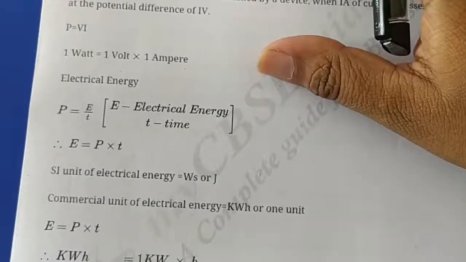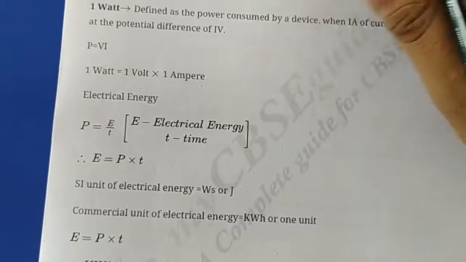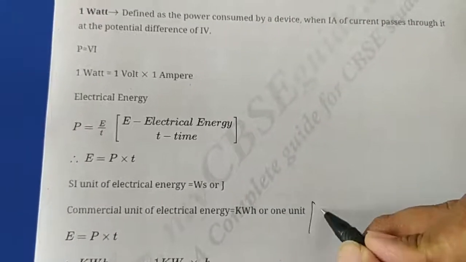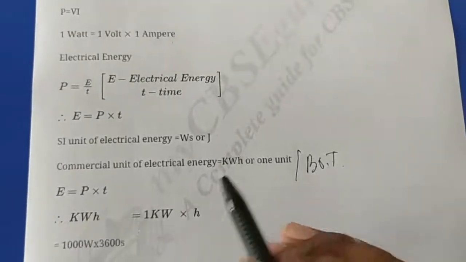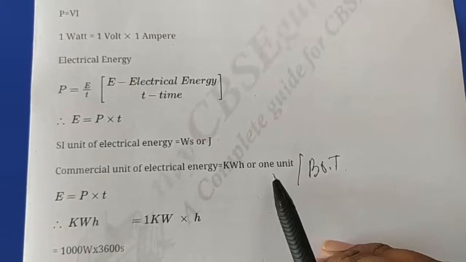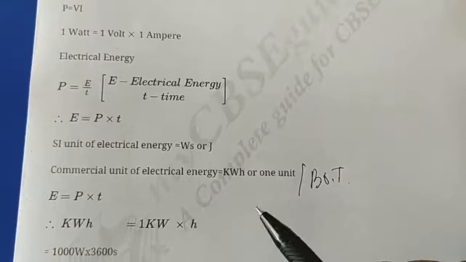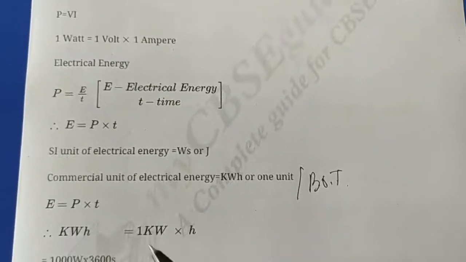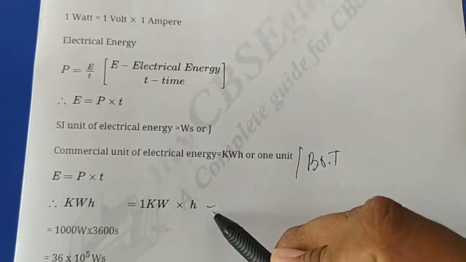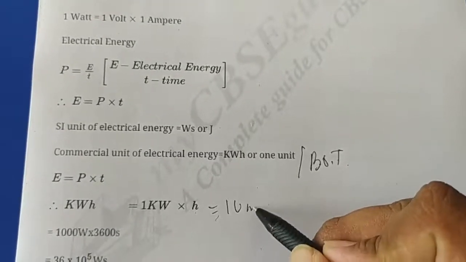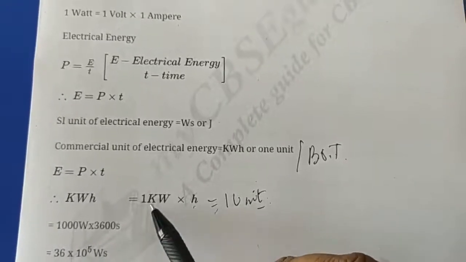Next is the commercial unit of electric power, the commercial unit or Board of Trade unit, BOT. Both are the same thing. Board of Trade unit is kWh. As we have an electricity bill for a house, it is in units, like how much we have consumed. 1 kWh is equal to 1 unit, as we get in the electricity bill.